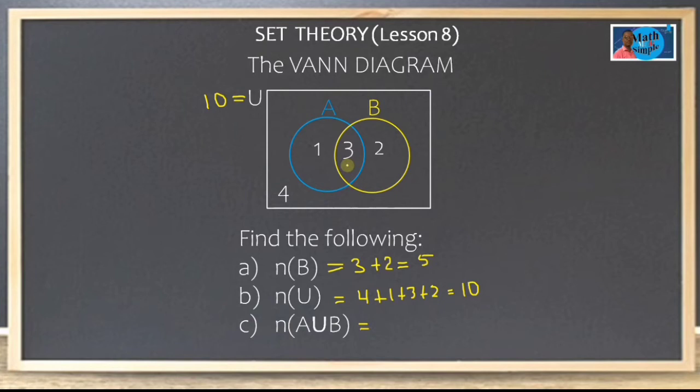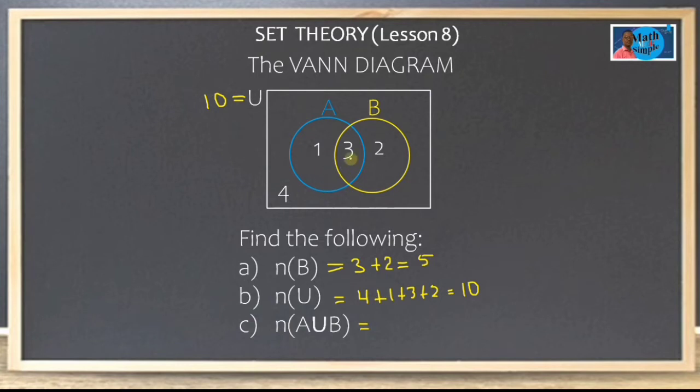And what we usually know about sets is that no single member appears more than once in a particular set. So if you were to say 9 members, you would be counting 3 twice in that union set, which of course is not the case. So 3 will be represented once.